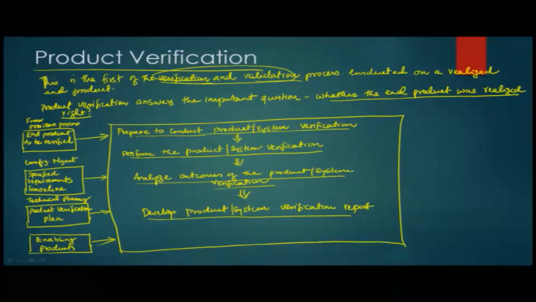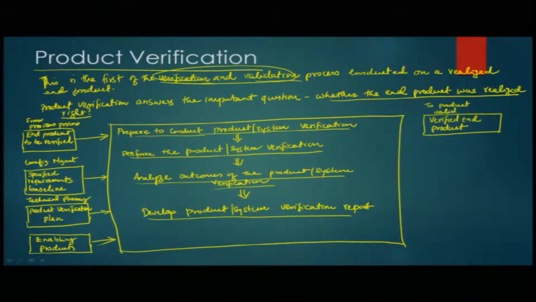From here, we get four outputs. The first one is the verified end product, which goes into product validation. Once verification is over, you do validation.